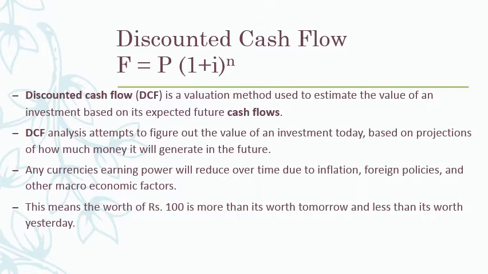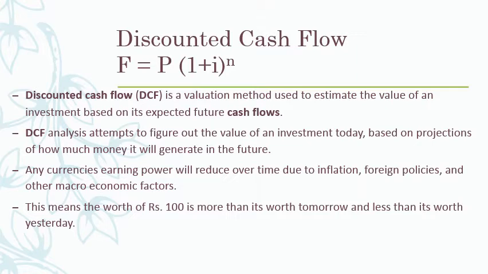To put it in simple words, if the 100 rupees of the present day can purchase say X quantity, yesterday it was purchasing more, tomorrow it will purchase less. That is the meaning of that.